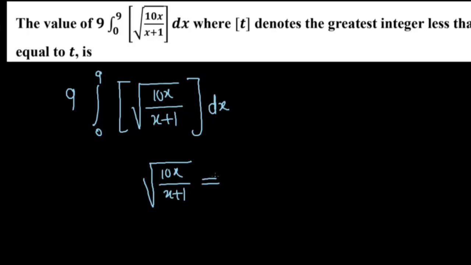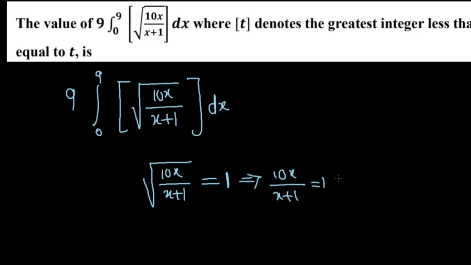Let us say the entire value, the range value, is 1. Let us consider this is 1. Output is 1. At what value of input, which is x, do we have to find. Okay, now let us consider squaring on both sides. 10x divided by x plus 1 is equal to 1.